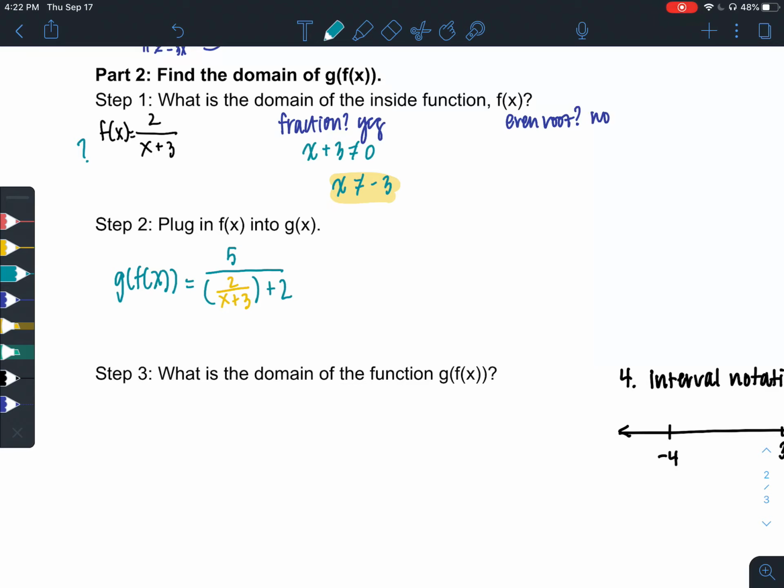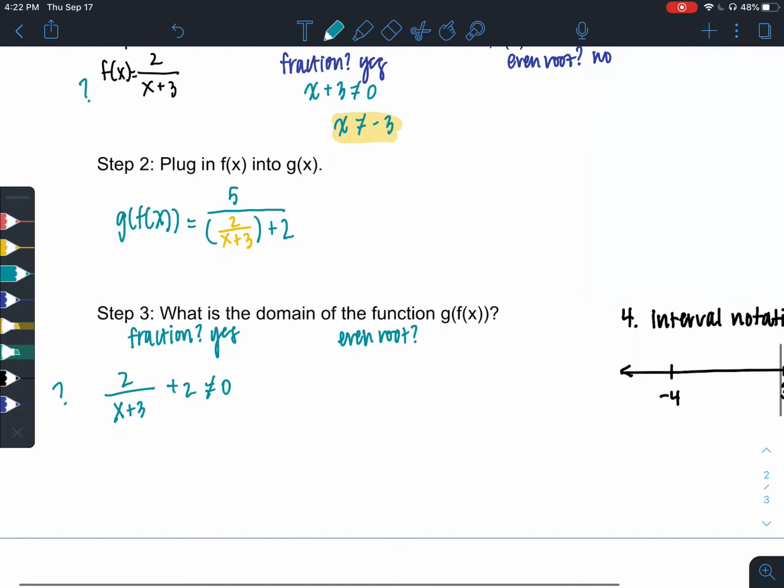So we ask, is there a fraction? Is there an even root? Yes, there is a fraction, so we want to set the denominator not equal to 0. So go ahead and solve for that. What you should have done is moved that 2 over, so you get 2 over x plus 3 is not equal to negative 2.